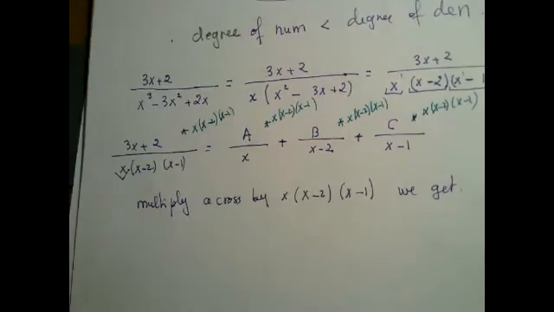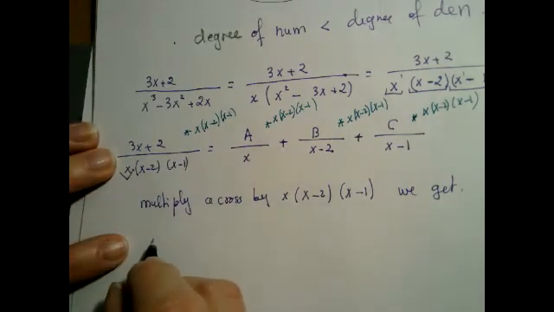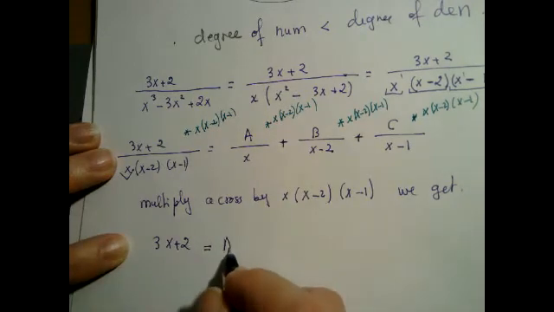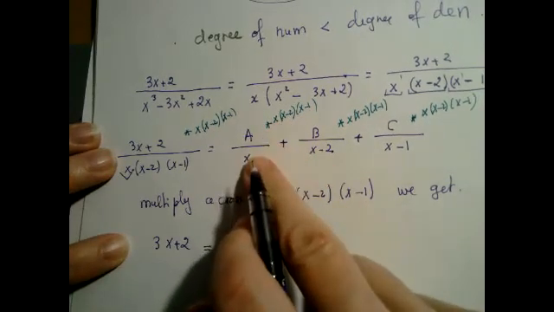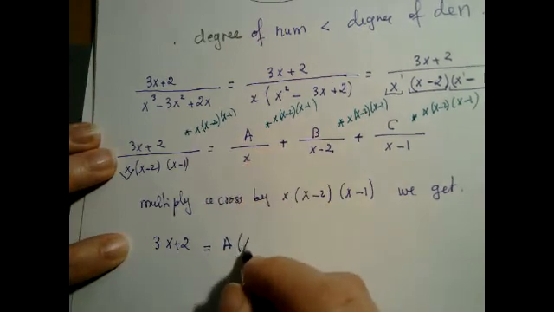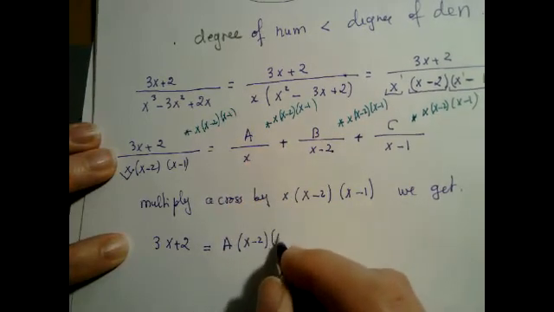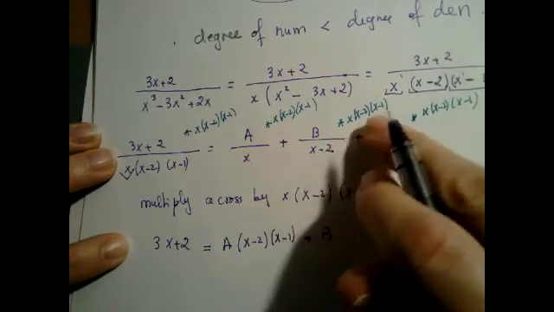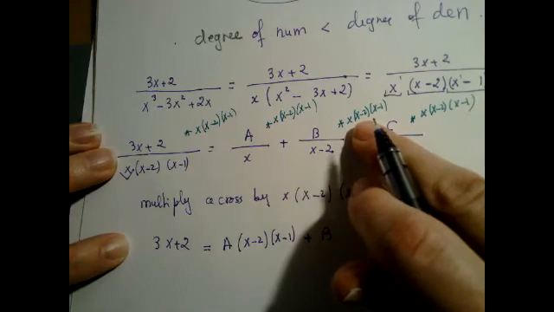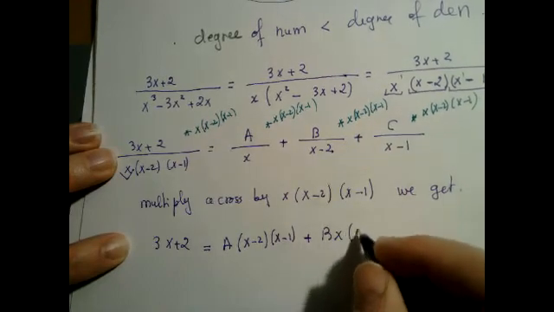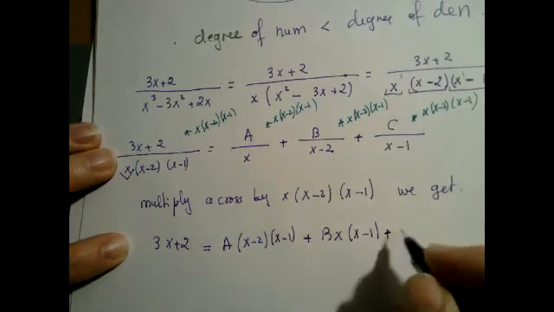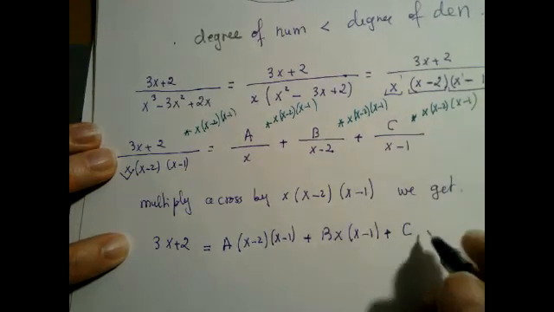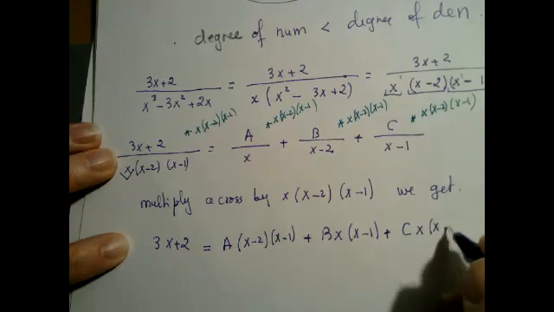And then let's see what we have. So if we do this, the first one will give me 3x plus 2 equal a, x and x cancel each other out. It would leave me with x minus 2, x minus 1, plus b, x minus 2 gets simplified. I will be left with x times x minus 1. And finally, x minus 1 gets simplified. I will be left with x times x minus 2.